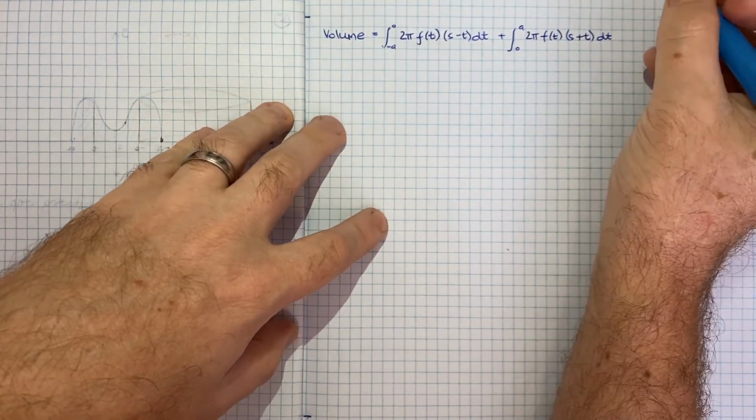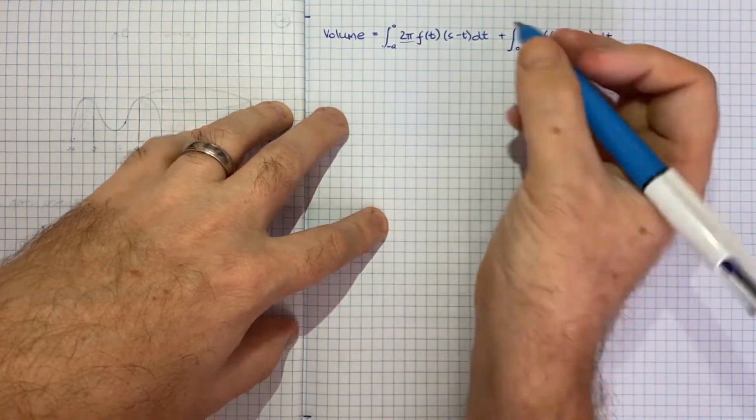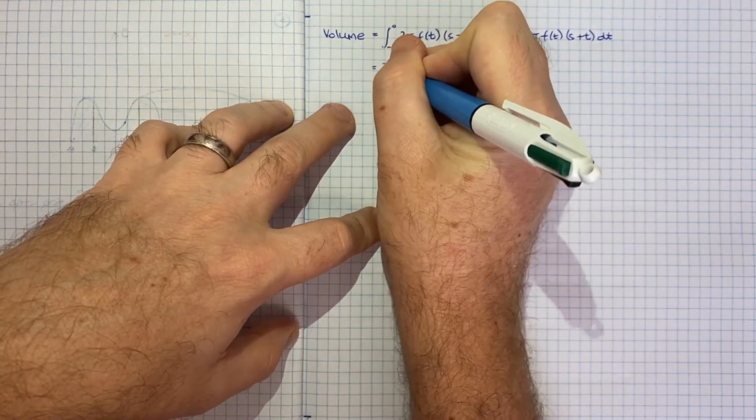And what I might do is I'll bring out these 2 pi's, which are just a constant with respect to t.